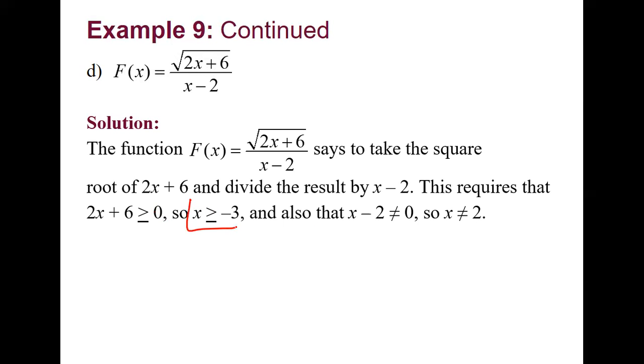So x is greater than or equal to -3. For the second, the denominator, it cannot equal 0. So x cannot equal 2. So I have 2 restrictions that I have to acknowledge in order for this to even possibly give me real values.